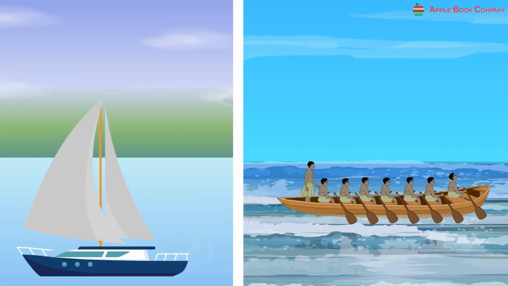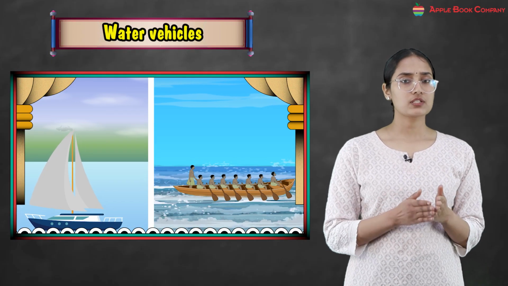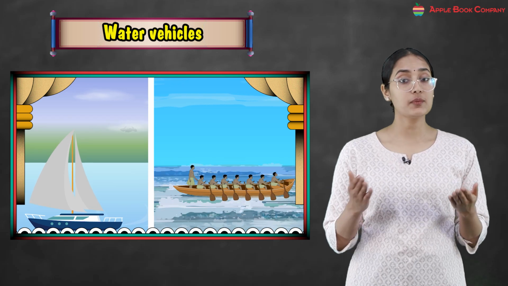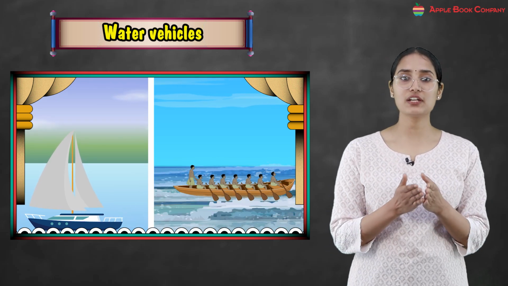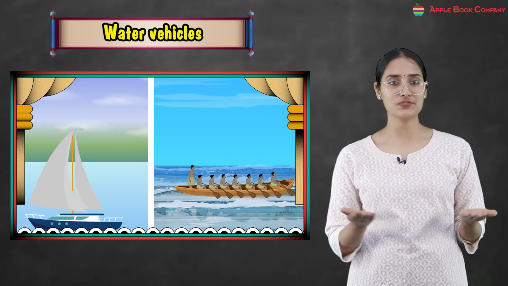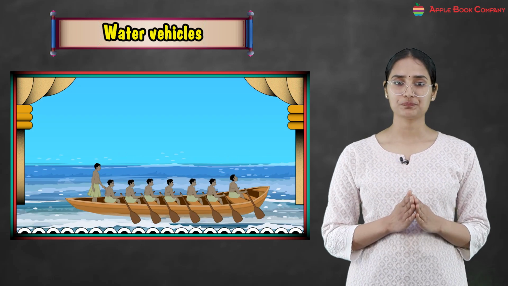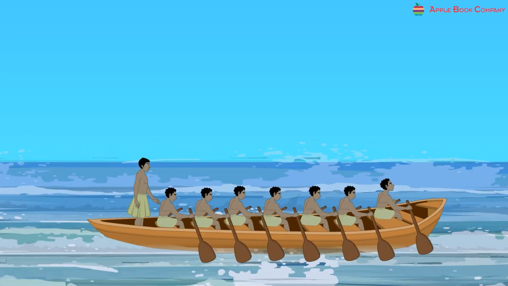So these are the vehicles that move on the water. Because the land vehicles like car, bicycle, cycle and bus cannot move on the water, there are different vehicles that move on the water. What are those? That is a boat. A boat is used on rivers and lakes.